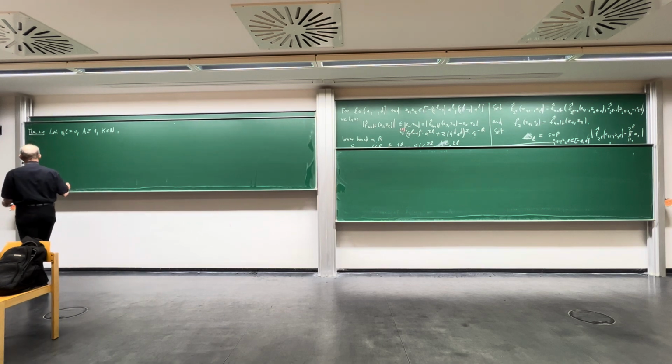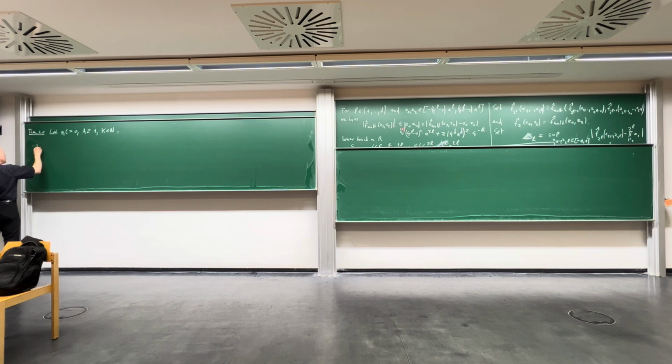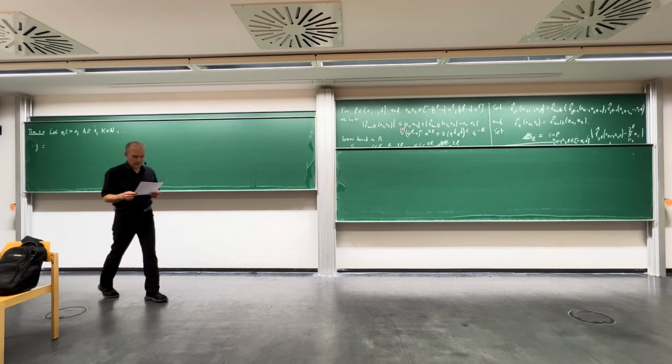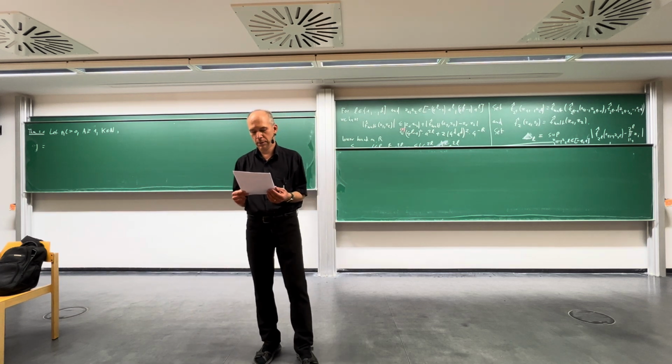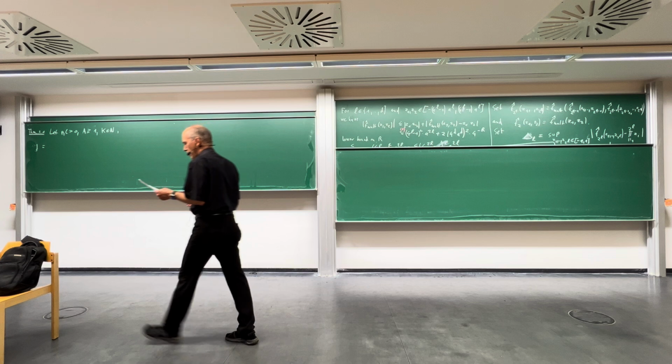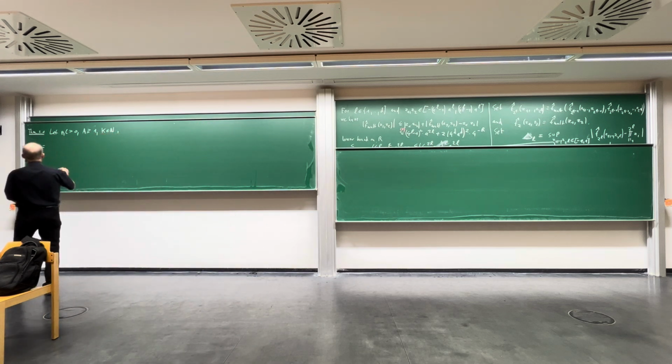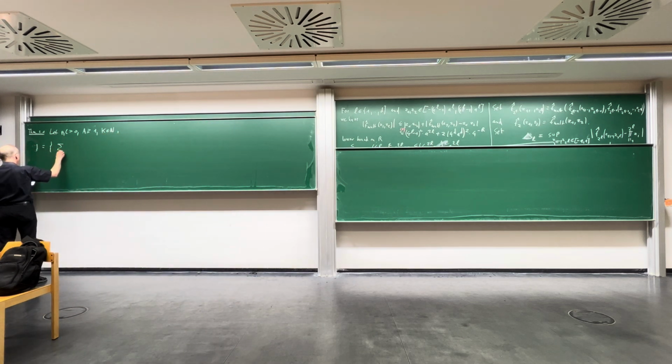Then I define a function space G, which are just sums of deep neural networks, sum k equals 0 to K plus 1 to the power d.